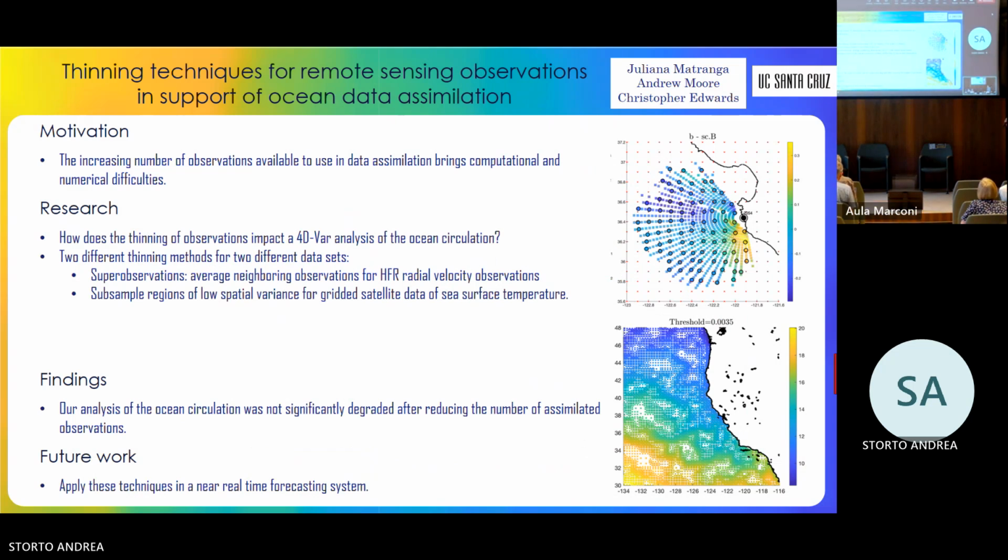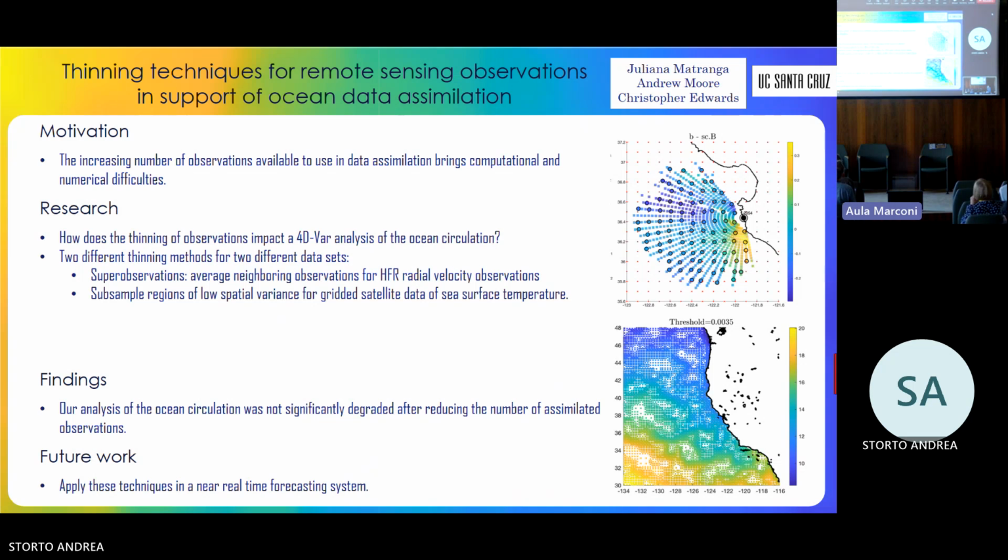Good morning. I'm Juliana Matranga. I'm a PhD student at University of California, Santa Cruz. I work with Andy, and this is the work I did for my master thesis a couple of years ago: thinning techniques for remote sensing observations in support of ocean data assimilation.